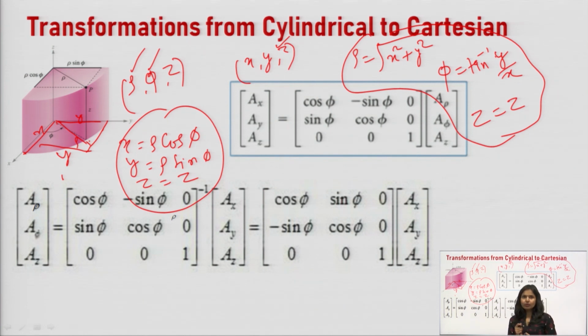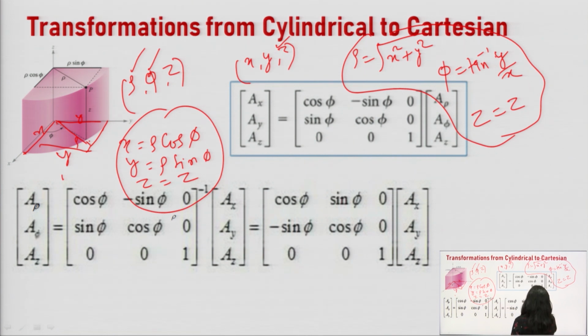Till now we have seen how to transform a point from one coordinate system to another, like how to transform a point given in cylindrical coordinates to rectangular coordinates.